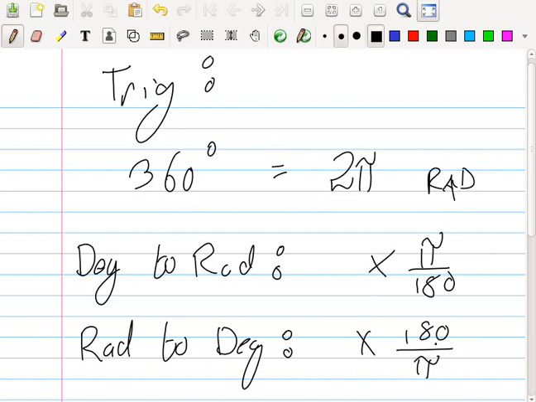Now, later we'll talk a bit more about the importance of radians and what they can be used for. But for the moment, I'm just saying radians are a different unit, a different way to measure angles. And if you want a rough conversion in your head, 1 radian is roughly, well, does anybody know? 1 radian is roughly how many degrees?